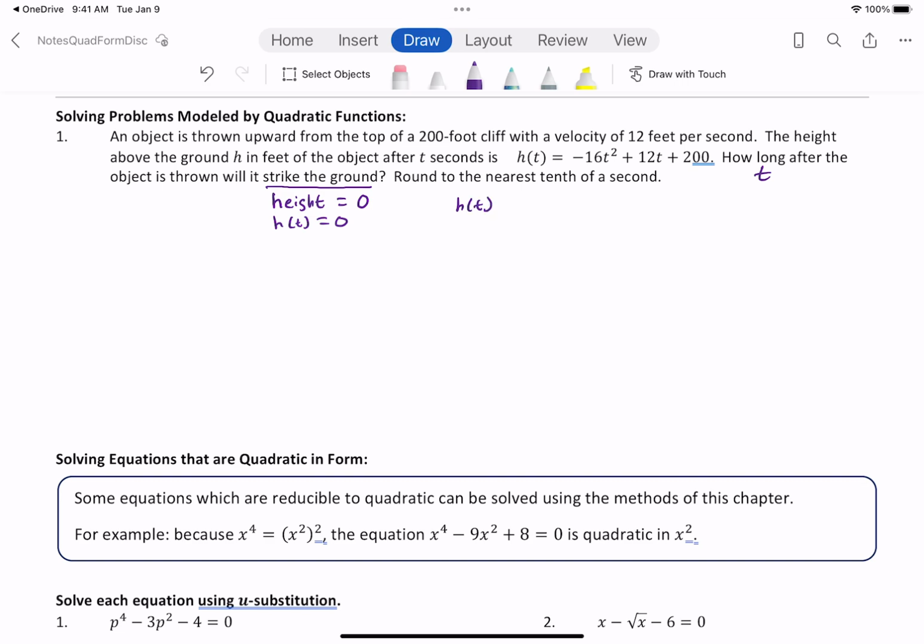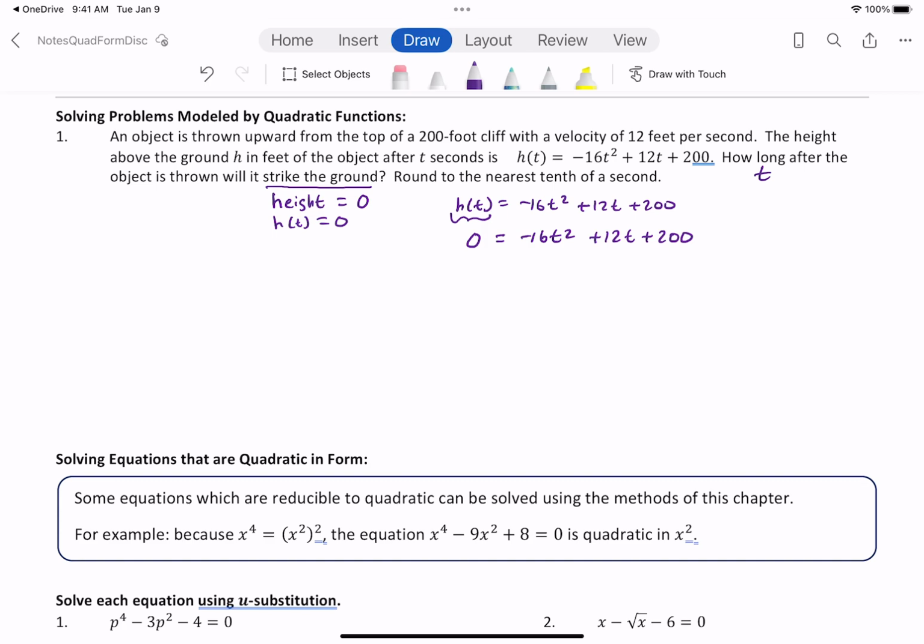So if I take my model here, we're going to be solving for t, and what I know is h of t is equal to 0. So we're going to replace this entire thing with a 0. And basically what we end up with here is a quadratic equation in standard form.